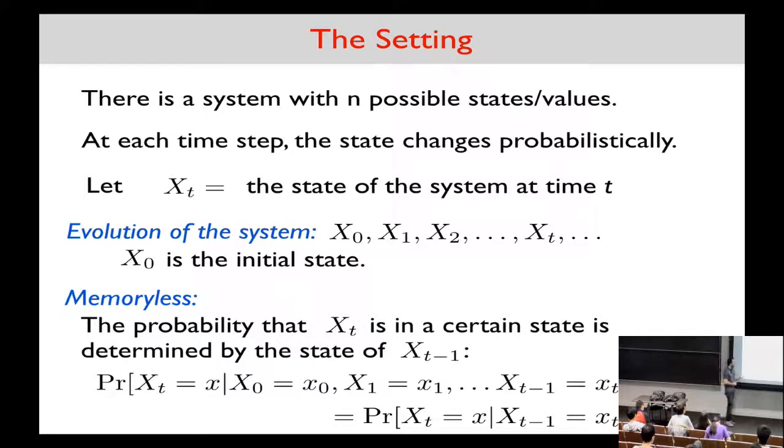The probability that the random variable x_t is equal to some state x, given that x0 is small x0, x1 is small x1, and so on and so forth, is exactly equal to the probability that x_t is equal to x, given just the last step, x_{t-1}, given small x_{t-1}.